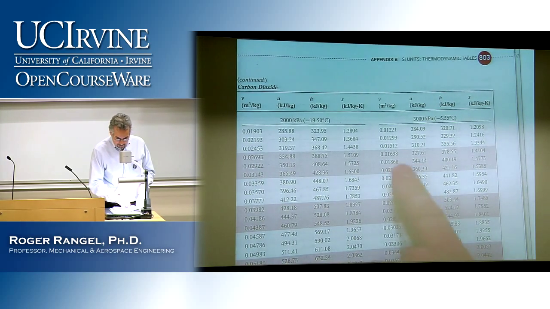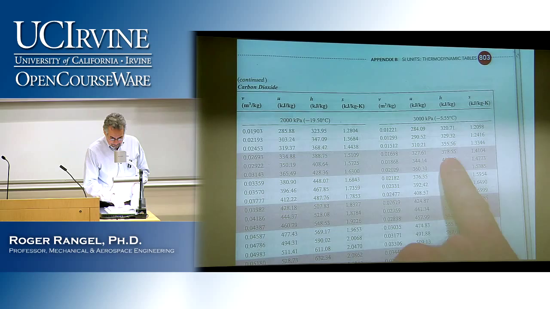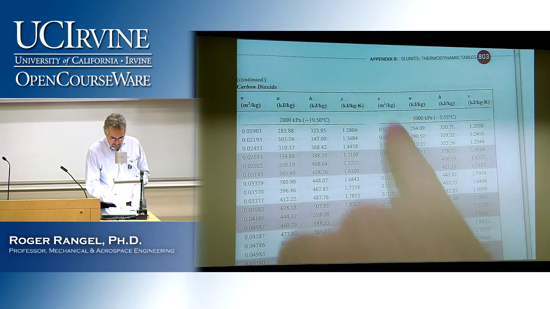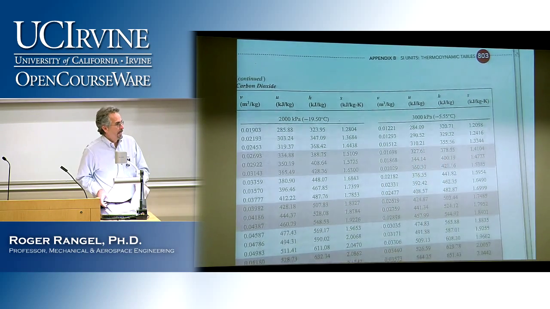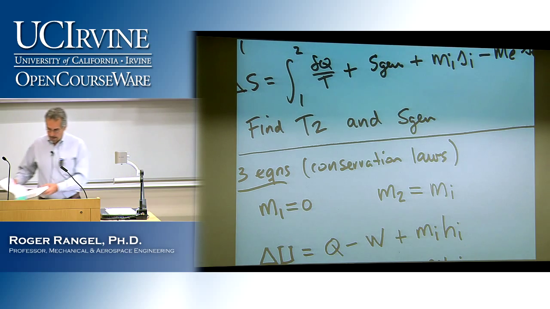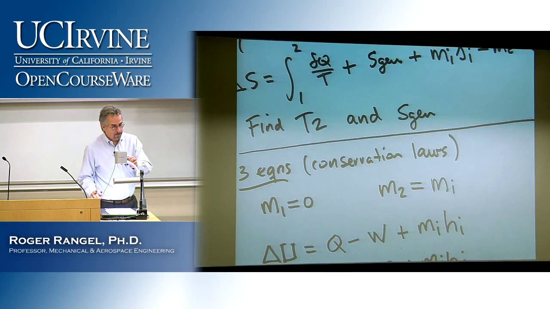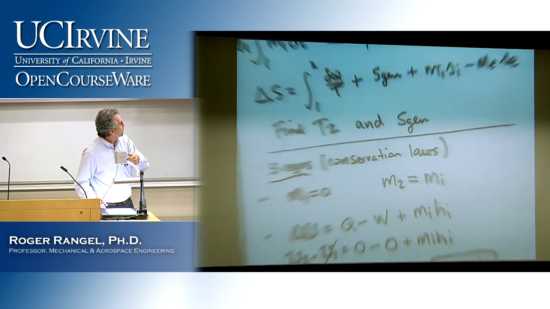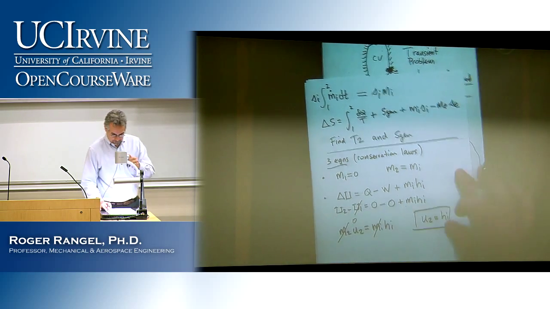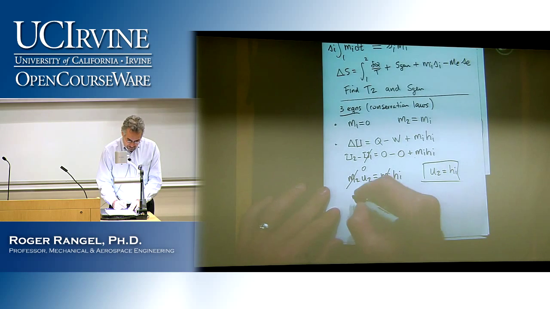But we can come in here and read whatever we need. We have the specific volume, internal energy, enthalpy, and entropy. In particular, I really need the enthalpy. So I can read h_i.